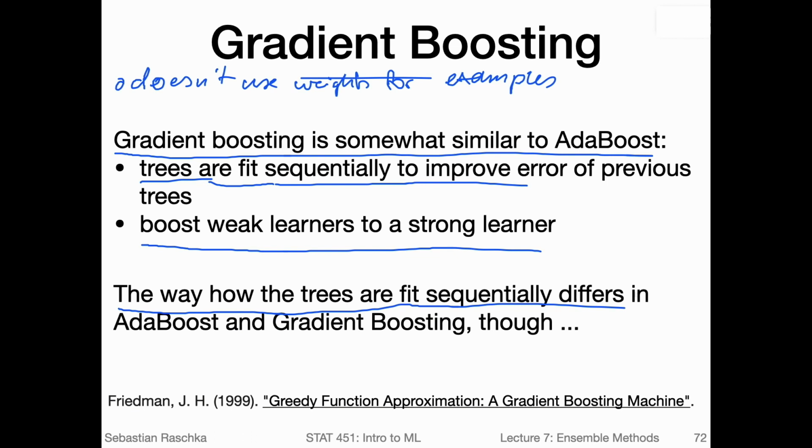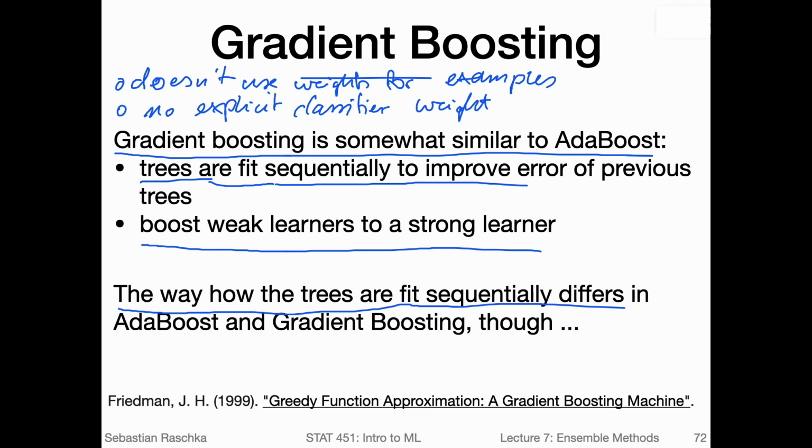There is a way that we weight the predictions, but there is no explicit classifier weight. And instead of, for example, using majority voting, we are adding these different predictions, as we will see shortly when I introduce the basic concept of how gradient boosting works with an example.